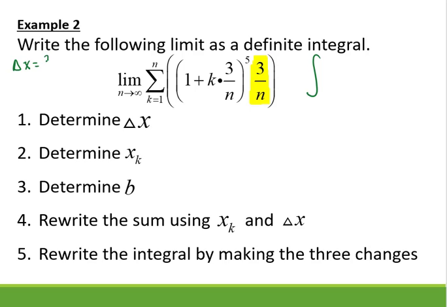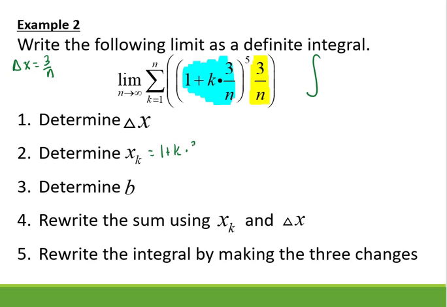Now look where you would have something to determine x sub k, where you're going to have some number plus k times delta x. That looks like it's right there. So my x sub k, it looks like it is 1 plus k times 3 over n.